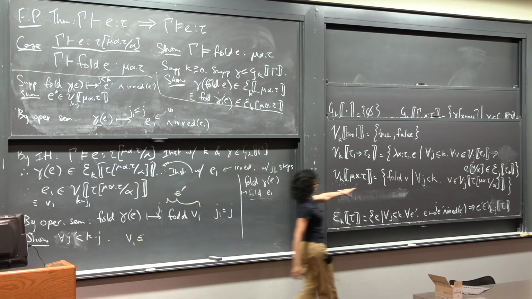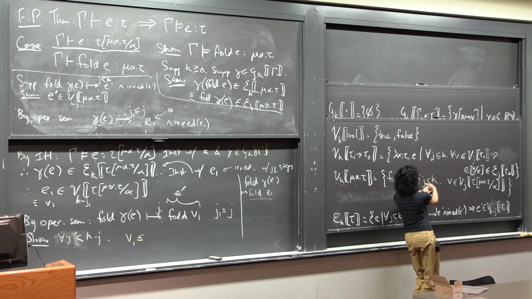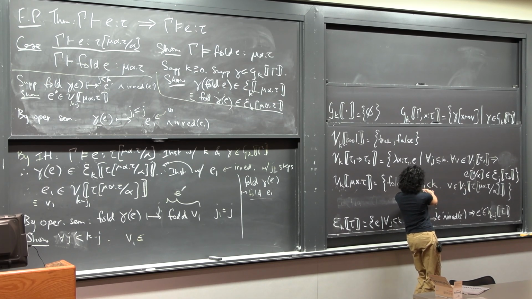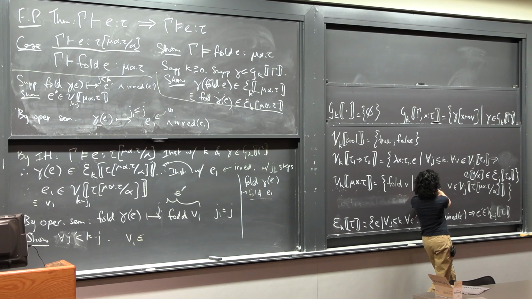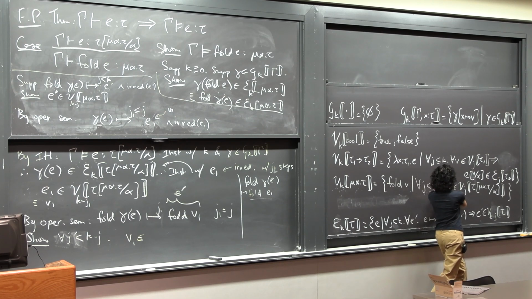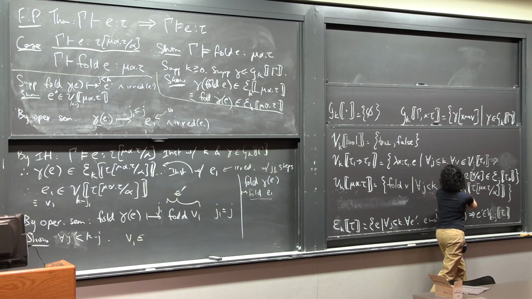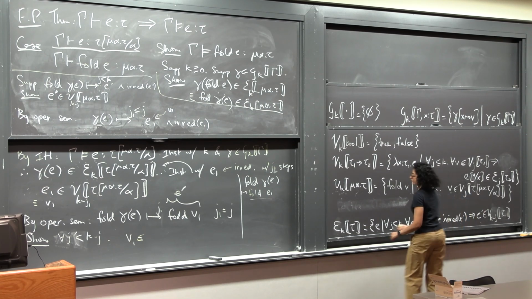I'm just expanding this definition out. I'm saying let's not call it j, we'll call it j prime. It has to be less than our k minus j for the proof that we are doing. Therefore, we have to show that our V1 belongs to V of the j prime at the expanded type.